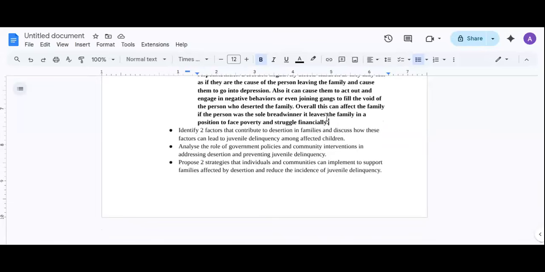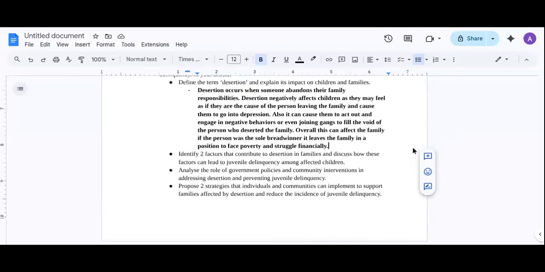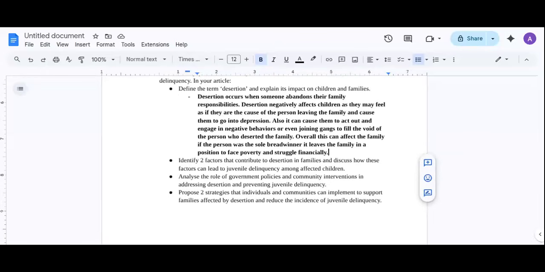Overall, this can affect the family if the person was the sole breadwinner and leaves the family in a position to face poverty and struggle financially. So here we would have defined and explained the impact on both the children and on families generally.